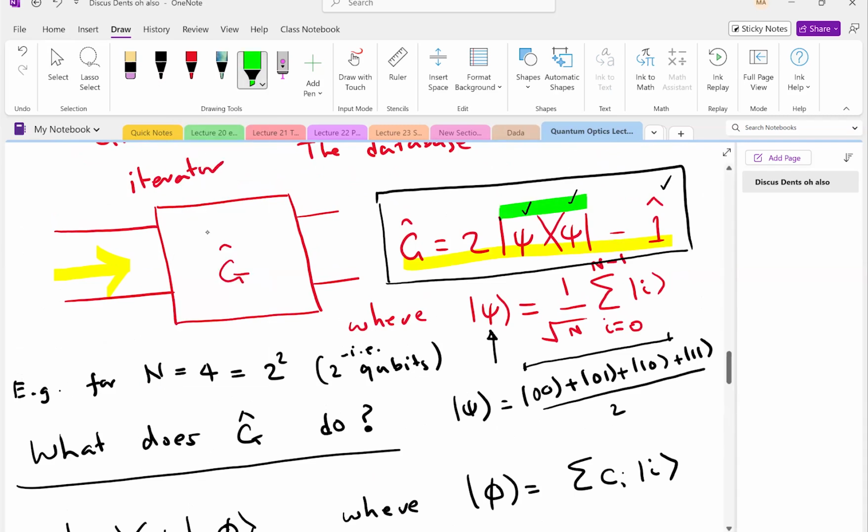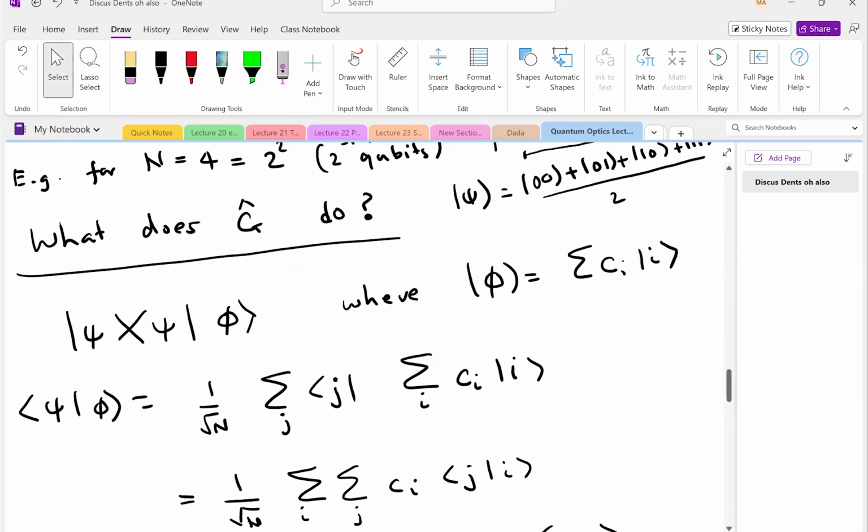What does this projector do to any arbitrary input state? Suppose my arbitrary input state is some superposition of all the basis states, where the Ci's are unknown probability amplitudes. They are complex numbers. This is an arbitrary pure quantum state for n qubits.